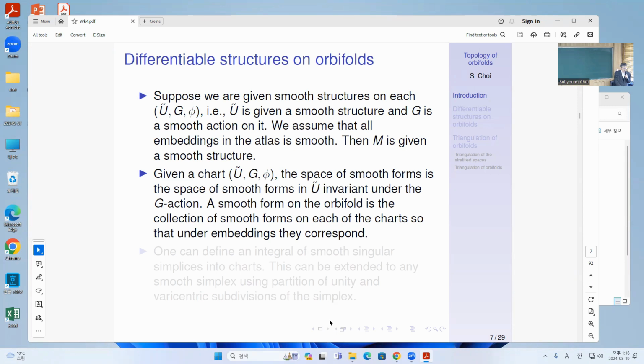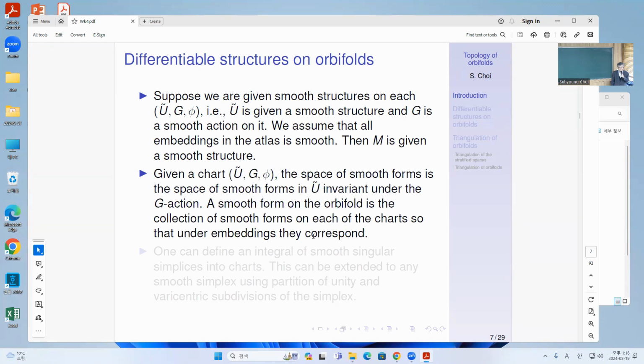So the smooth form on the orbifold itself, you can think of it as a collection of smooth forms on each of these charts, so that on the embeddings they match up. Okay, so that's the only thing that they require. Match up means that they are consistently defined, right? So they transform according to the rule.